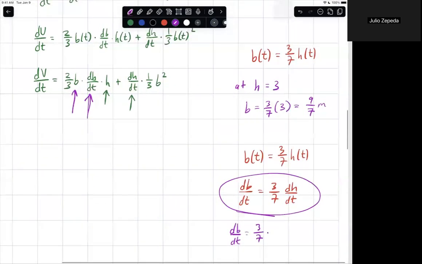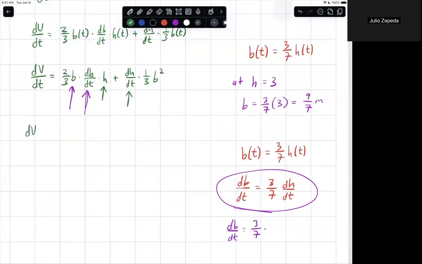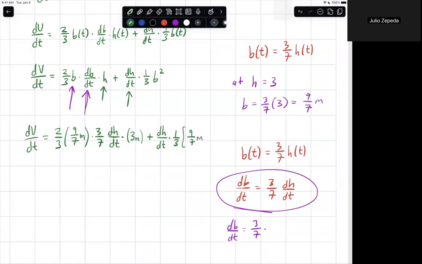So let's go ahead and plug in. dV/dt is 2/3 b, where the base length is now 9/7 meters, times db/dt, and we said db/dt is 3/7 dh/dt, times h, and h was given to be 3 meters, plus dh/dt times 1/3 b squared, and b is 9/7 meters squared.